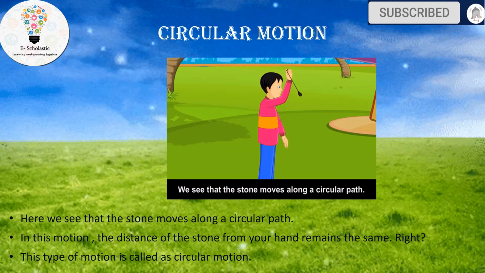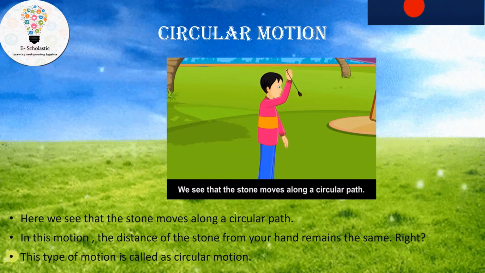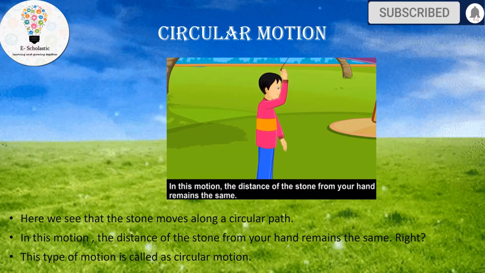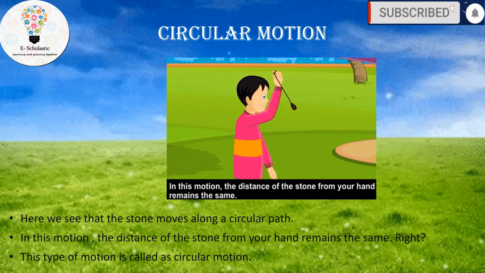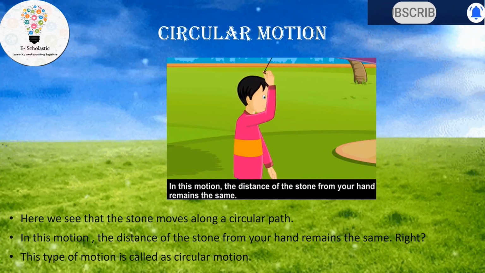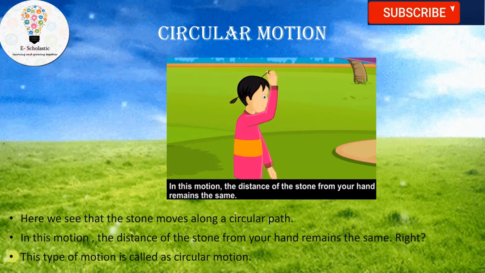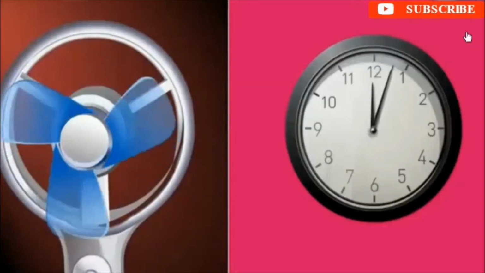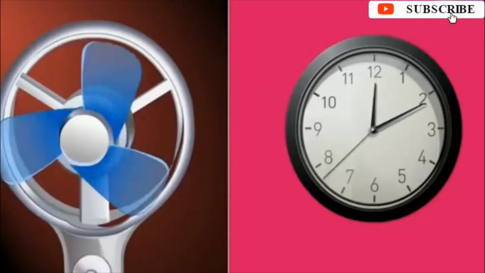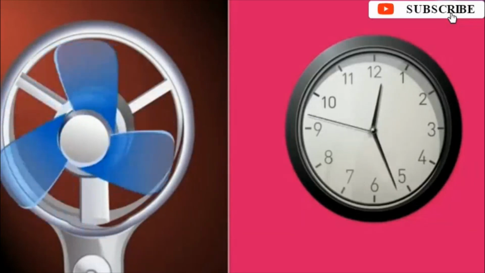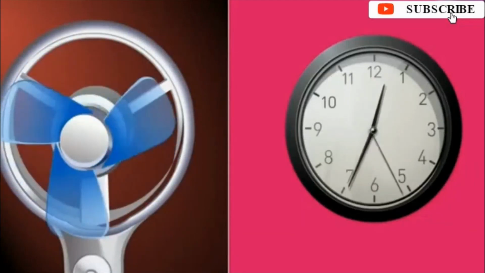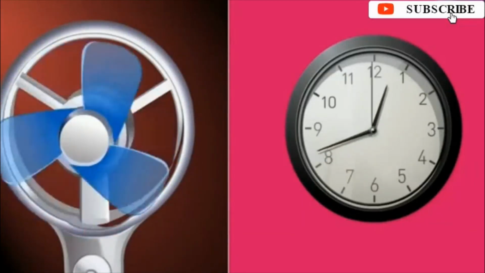Hence we can say the motion where the object moves in a circular path and the distance of the object remains the same from the center is termed as circular motion. In some cases, an object repeats its motion after some time. This type of motion is called periodic motion.